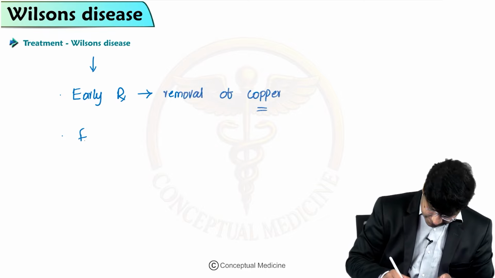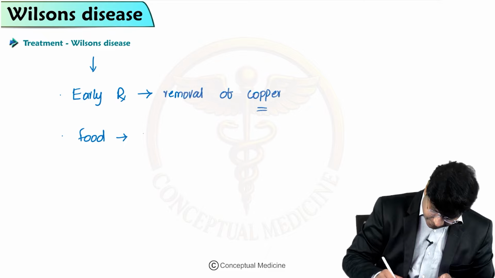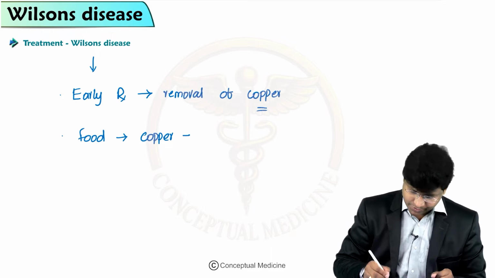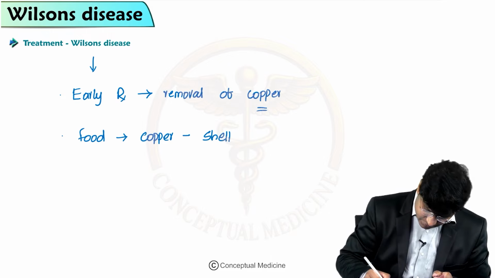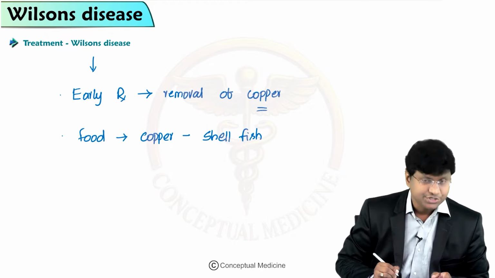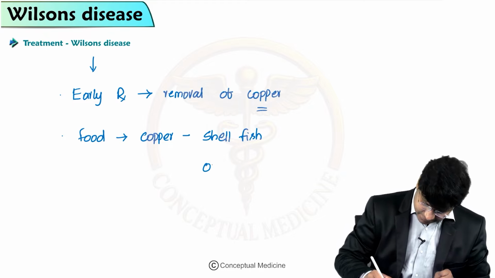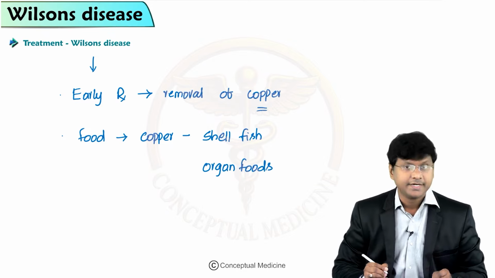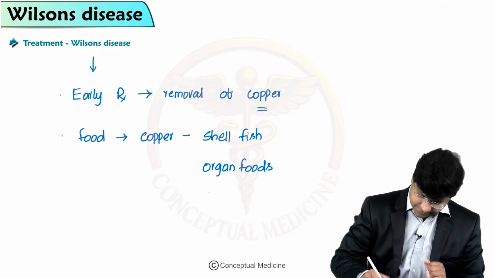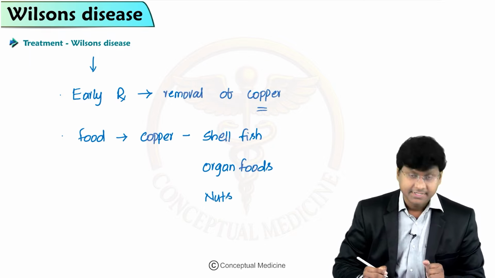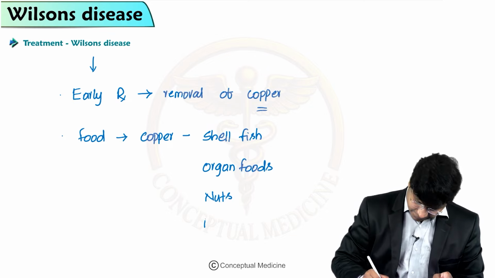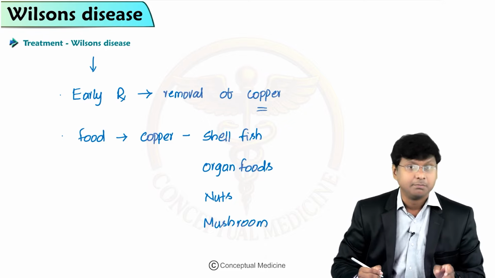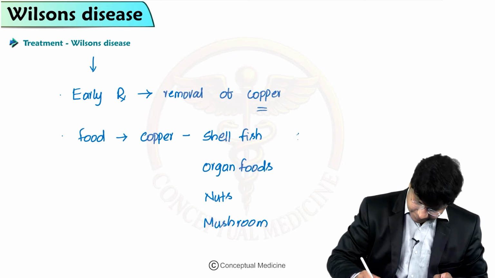Foods containing copper include shellfish, number 1, then organ foods, then nuts contain copper, mushrooms and chocolates.